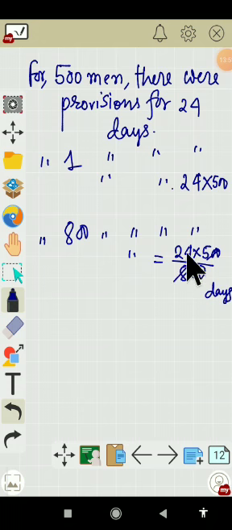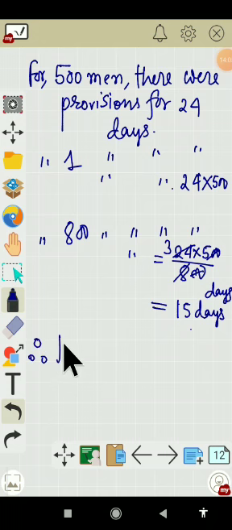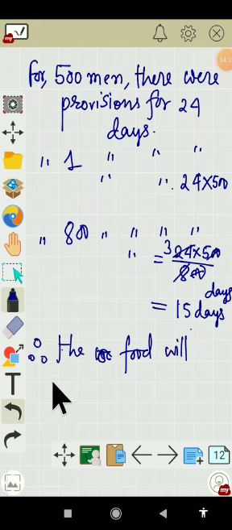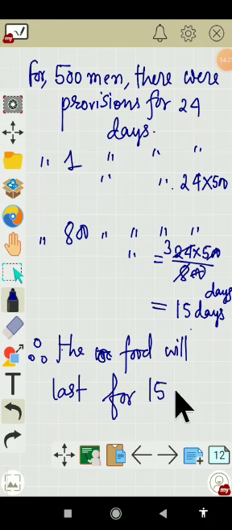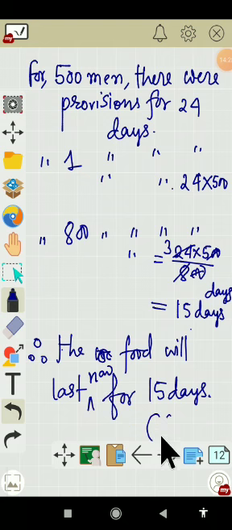Now cancel 2 zeros, and 8 threes are 24, so 3 fives are 15 days is the answer. So therefore the food will last for 15 days now. So this is the required answer.